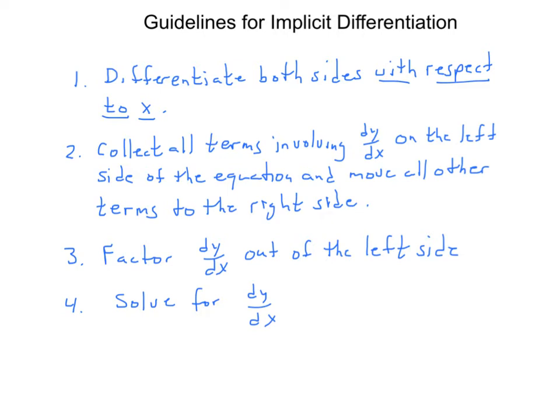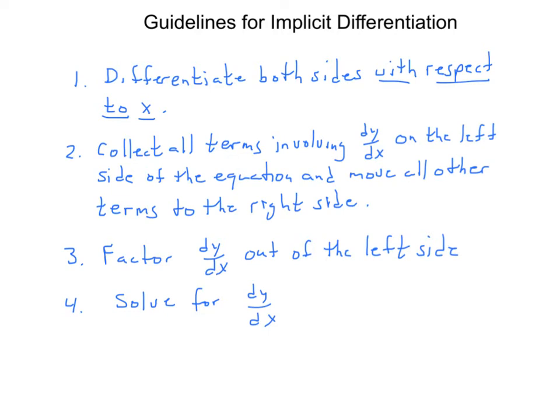Once you've taken the derivative of both sides, you're going to see that some of the pieces on each side might involve a dy dx, and other pieces might not. So what you want to do is go through and collect all the terms involving dy dx on the left side of the equation, and then move all other terms to the right side.